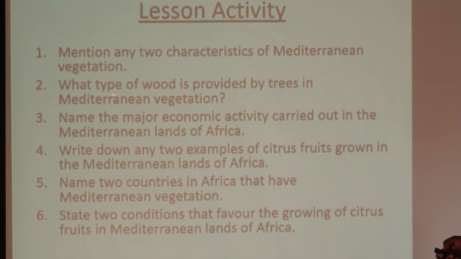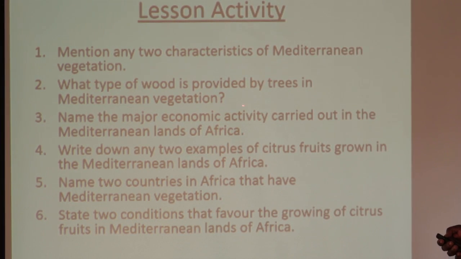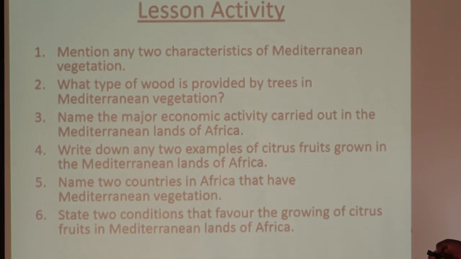Number 2, what type of wood is provided by trees in the Mediterranean vegetation? That one we have also looked at. Now 3, name the major economic activity carried out in the Mediterranean lands of Africa. I have repeatedly emphasized that point.